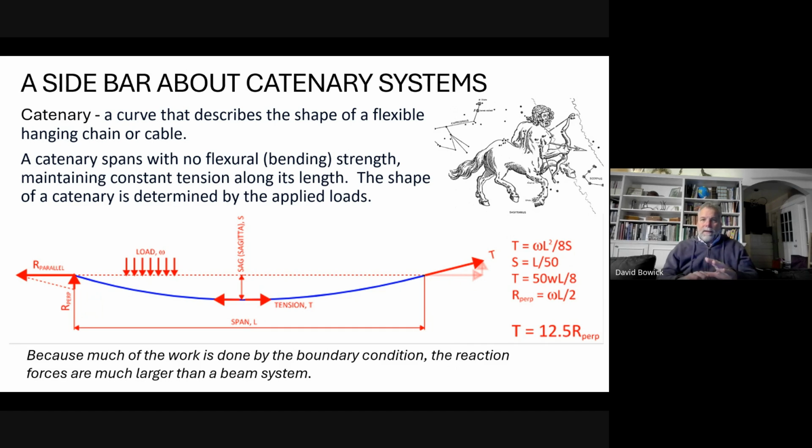So your shade sail might carry 15 pounds a square foot of wind load. That might be your design condition, 15 pounds a square foot of load perpendicular. And based on the area, you might end up with 500 pounds perpendicular load on your shade sail supports. And lots of people stop thinking there. 15 pounds a square foot times 30 square feet, 450 pounds.